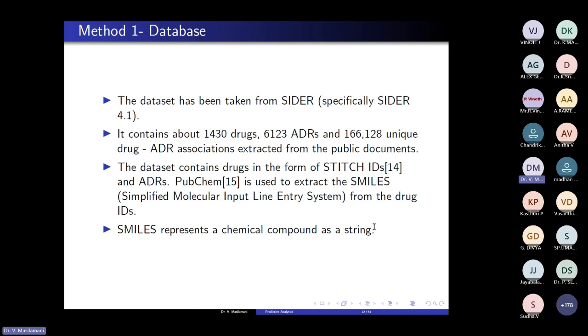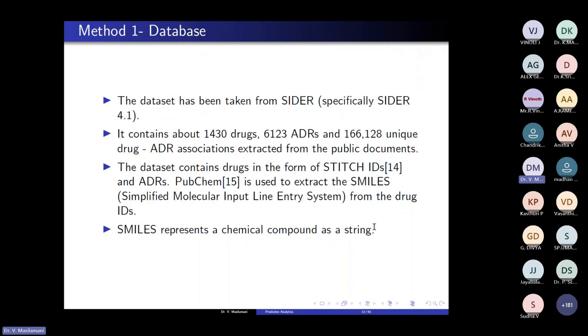This contains 1,430 drugs and 6,123 ADRs, and also 1,66,128 unique drug-ADR associations. Meaning, if a drug is causing a particular ADR, then it is making one association. Like that, 1,66,128 unique drug-ADR associations are reported in that dataset.